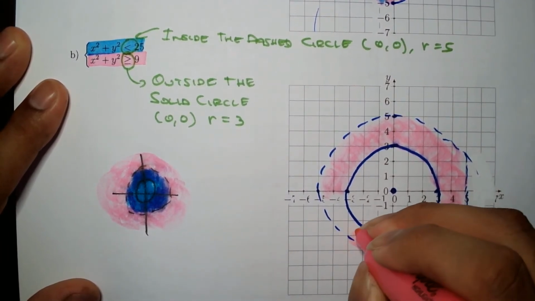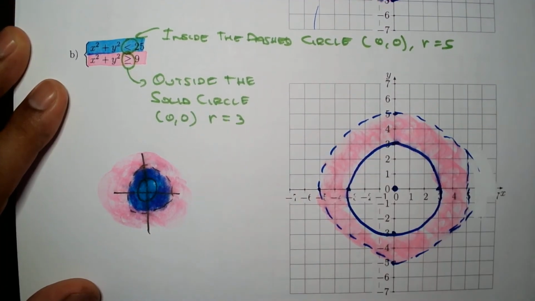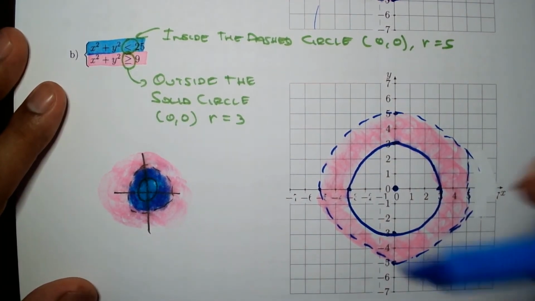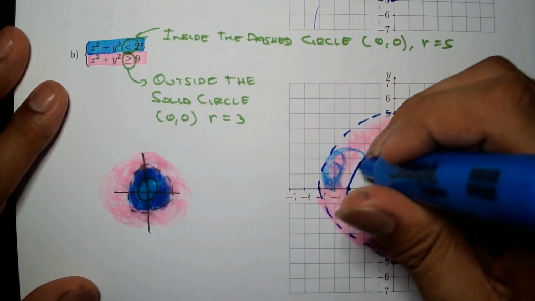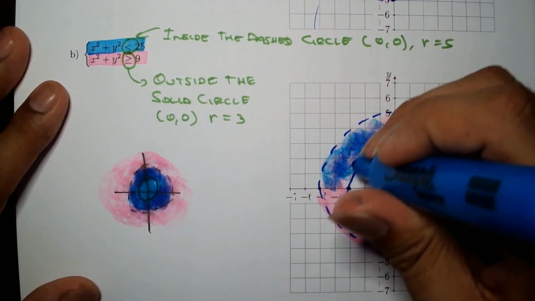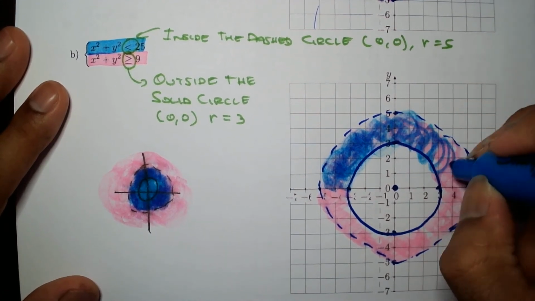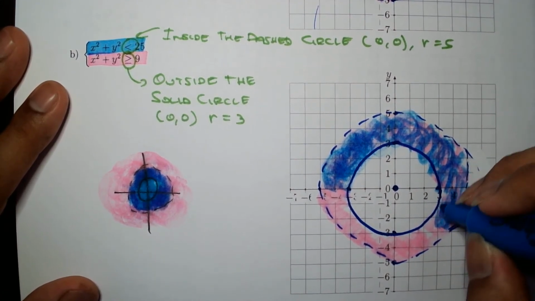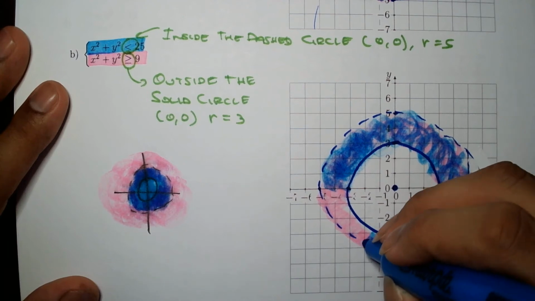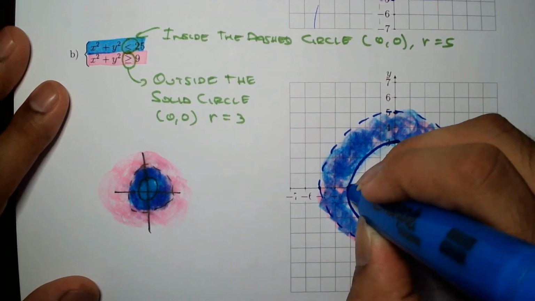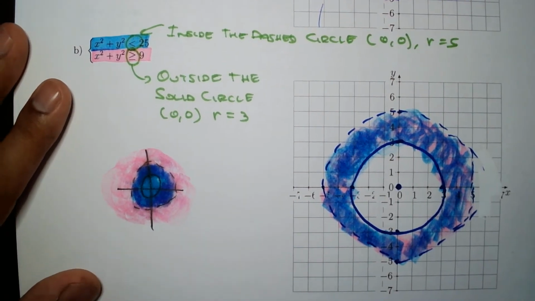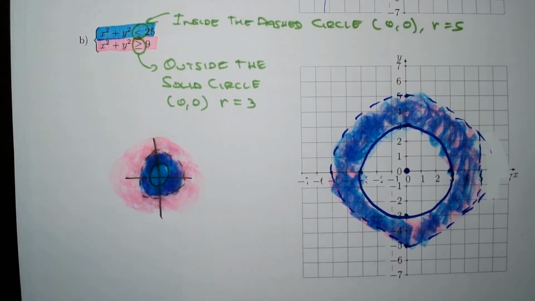All right, so let's paint with pink first, and then let's paint with blue to make this look purple. So that's where the overlap occurs, right here.